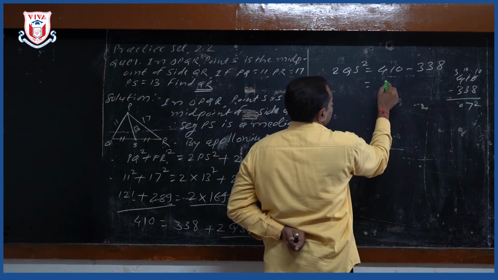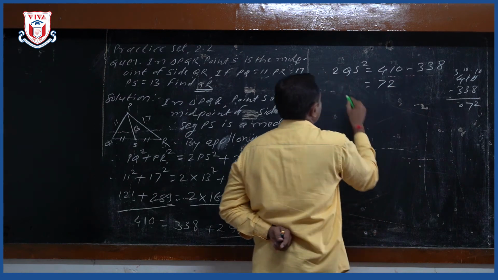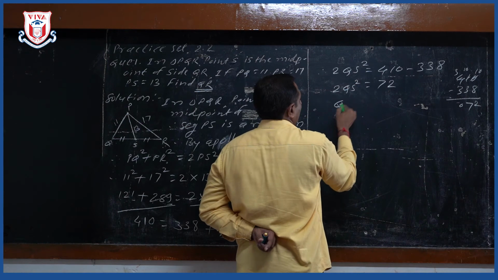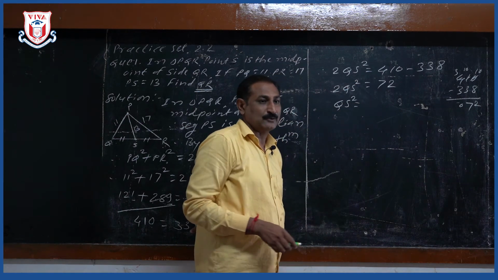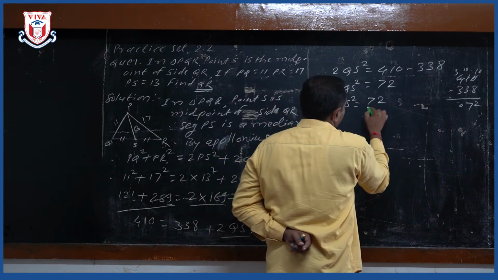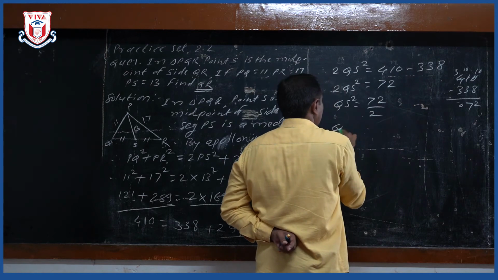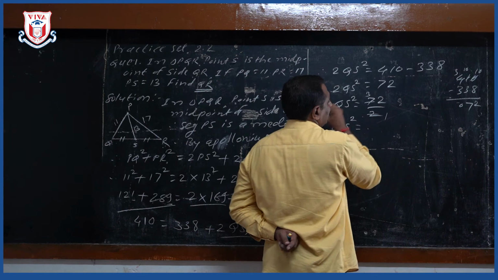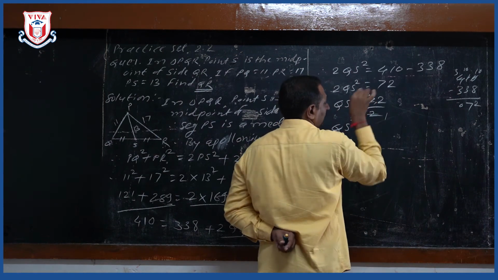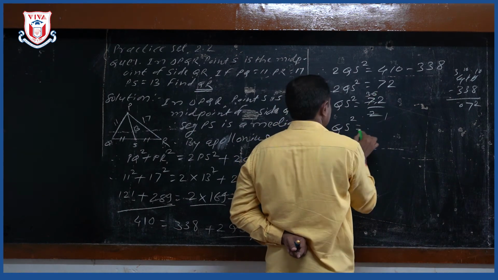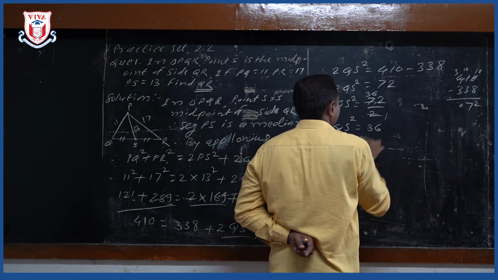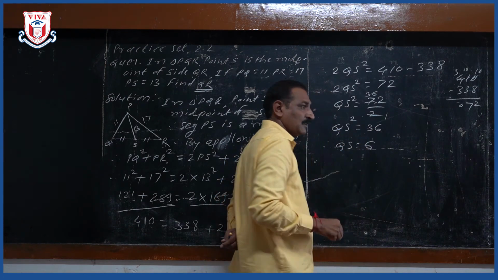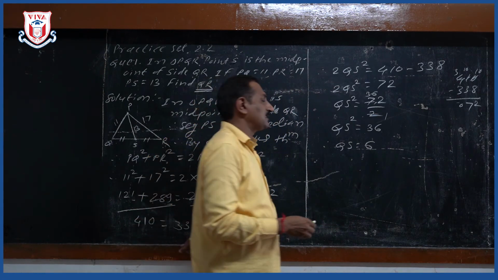The subtraction is 72, so 2 QS square is 72. Therefore QS square is equal to 72 divided by 2. Therefore QS square is 36. Therefore QS is equal to 6 by taking square root on both sides.